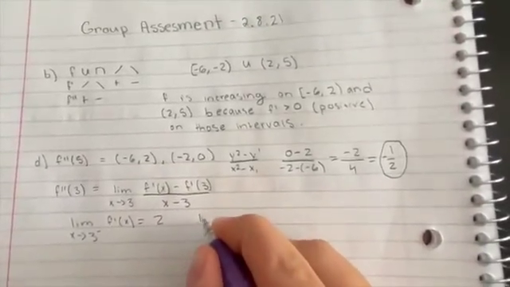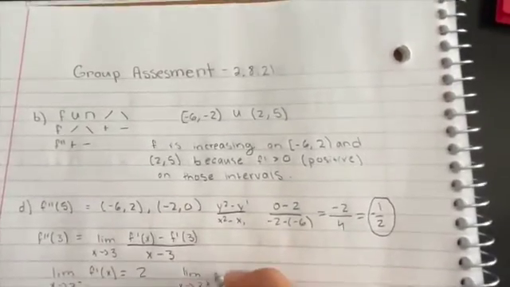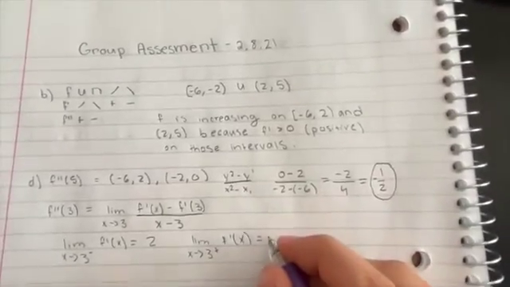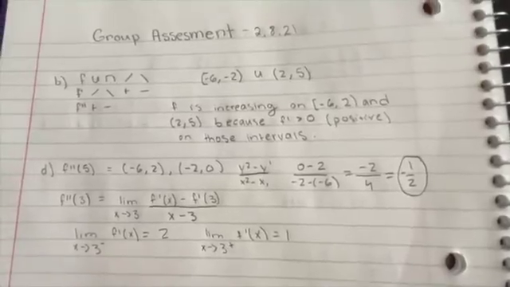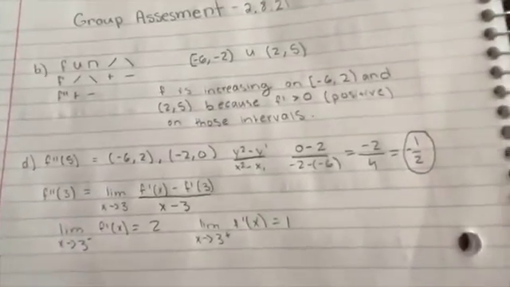And then the limit as x approaches 3 from the right is equal to 1, because it's 1 over 2, the rise over run, if you plug your numbers into the formula.